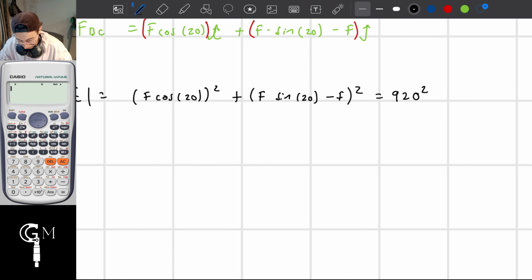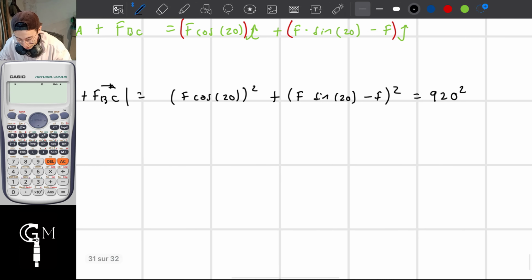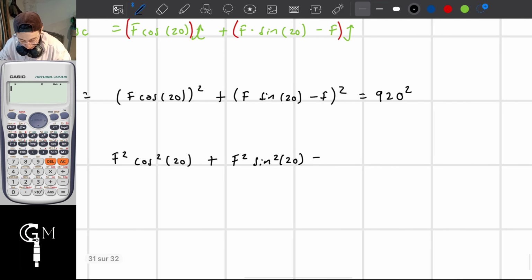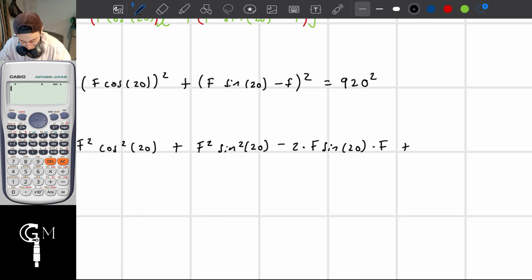So basically this is equal to F squared times the cosine squared of 20 plus, and this is a much larger equation, so please follow me, F squared times sine squared of 20 minus 2 times F sine 20 times F plus F squared.